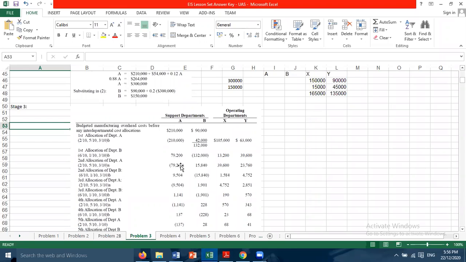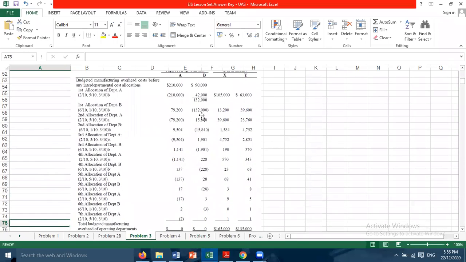So we allocate the cost which we got before again to B, X, and Y. And then since B has cost to be allocated again, we reallocate it to A, X, and Y. And we just rinse and repeat the process until we get 0 for each support department.